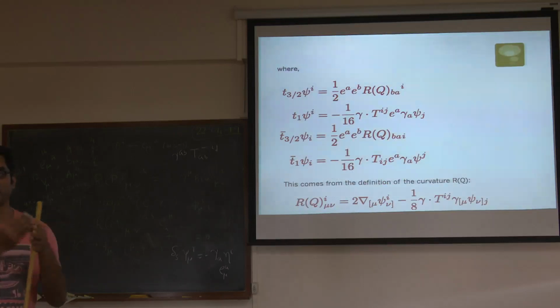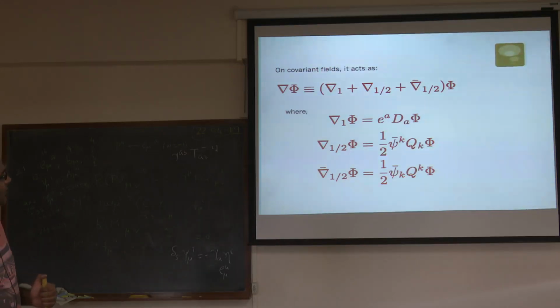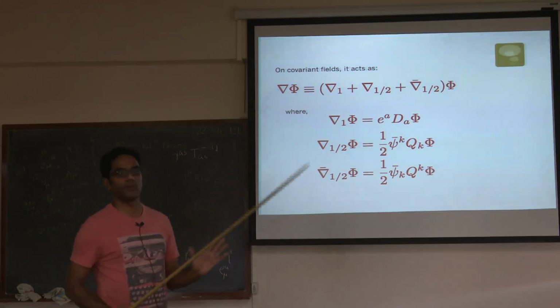So our superform J had components: there was the Vierbein, there was the gravitino, and there were super covariant objects. We saw how the covariant exterior derivative acts on the Vierbein, and how it acts on the gravitino. Now let us see how the covariant exterior derivative acts on the super covariant objects. So, this phi is any super covariant object, it can carry any indices or anything, but it is super covariant.